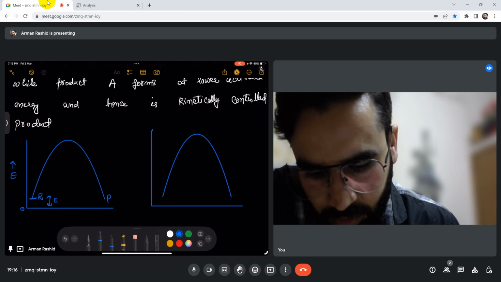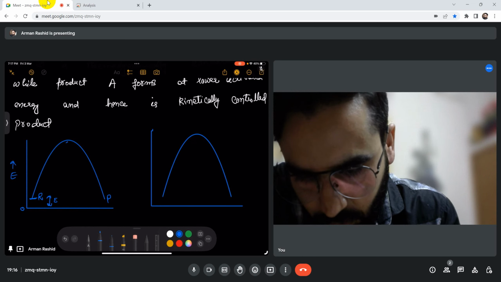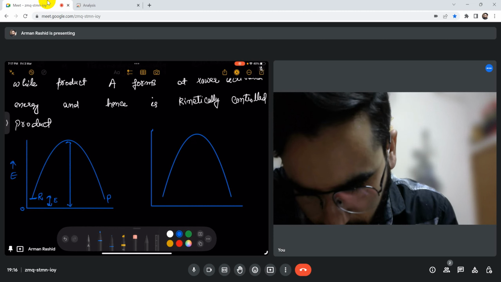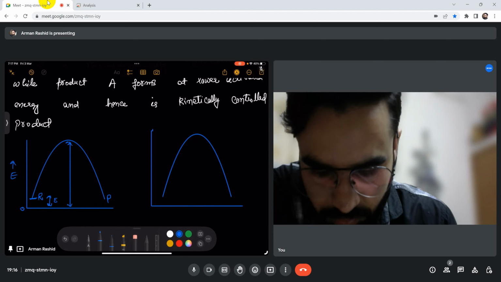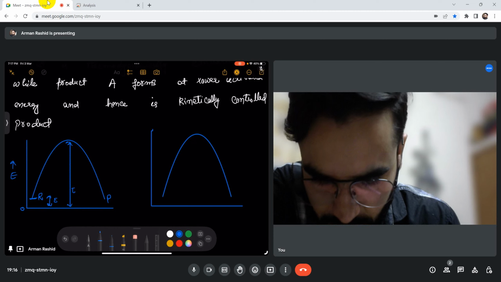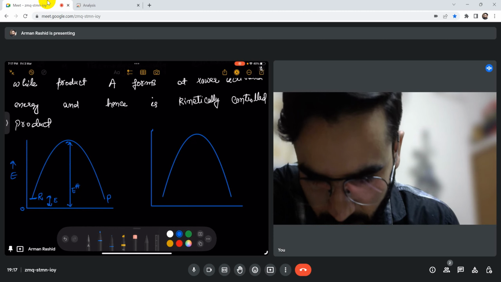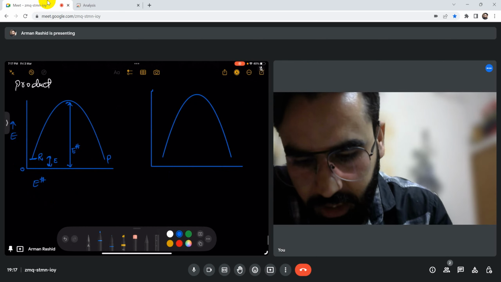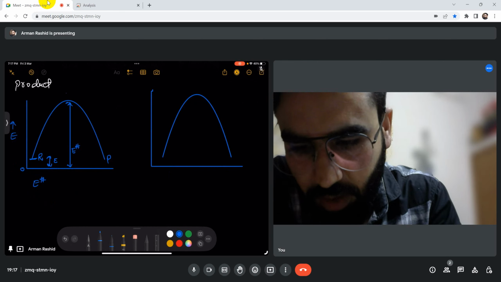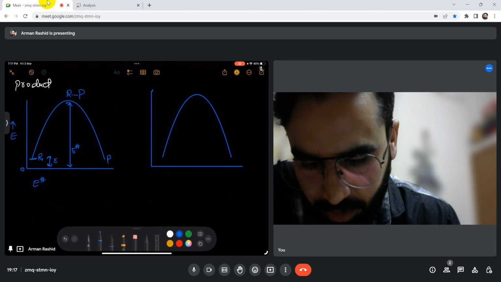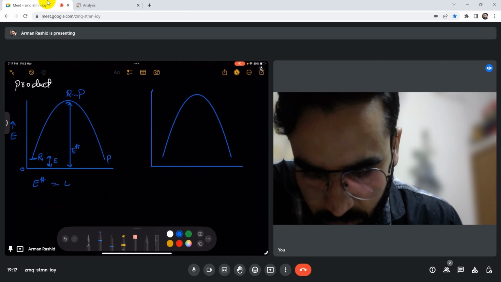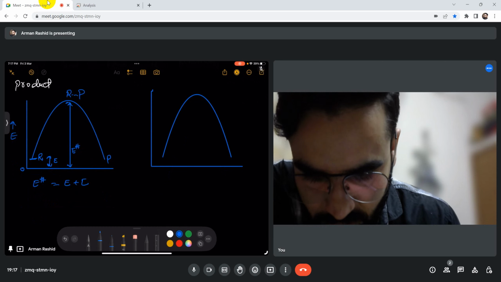Now from here up to here, let's say the total energy is E double star, which is the total energy needed for this formation. It forms an activation complex. That means E double star will be equivalent to E plus E star.